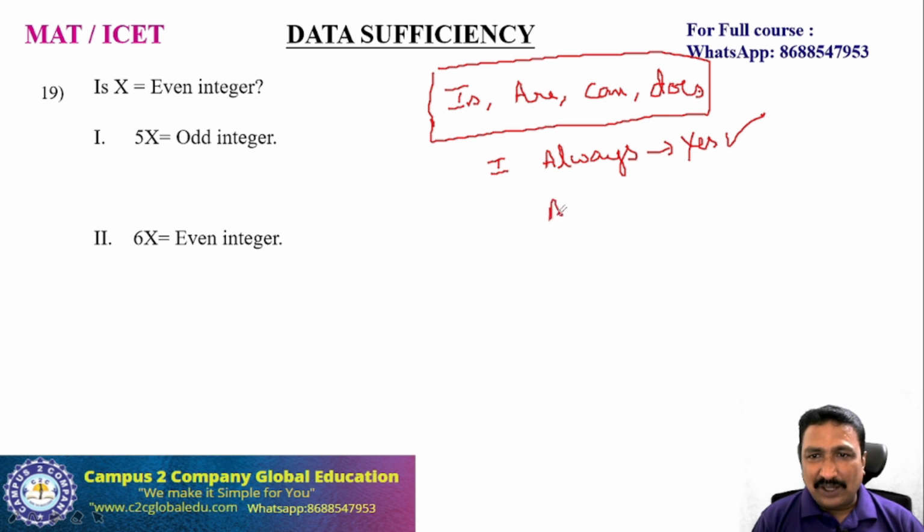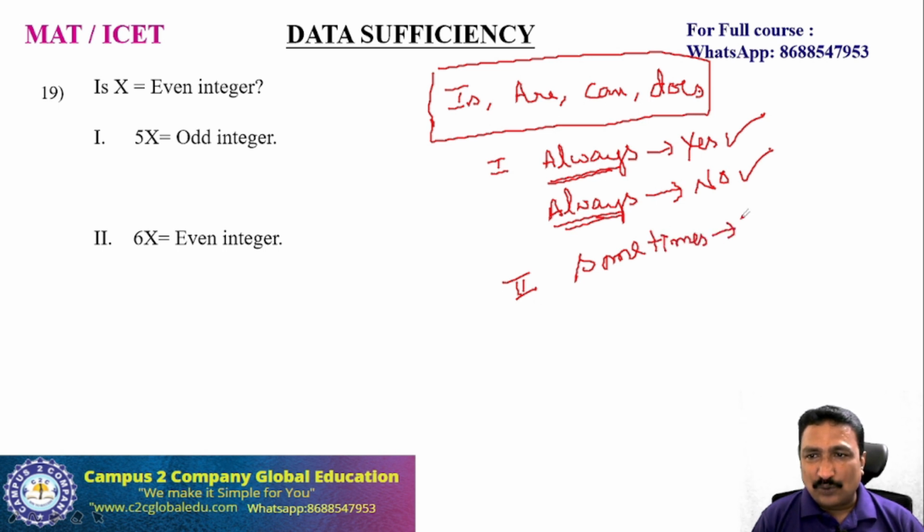Similarly, if you get always no, also we can say the answer. But whenever they say sometimes yes, sometimes no, in this case we cannot find the answer.